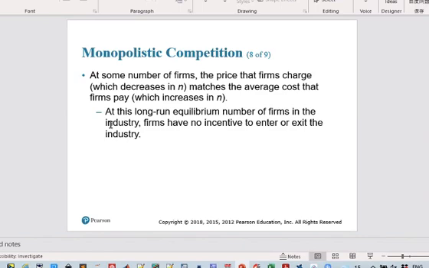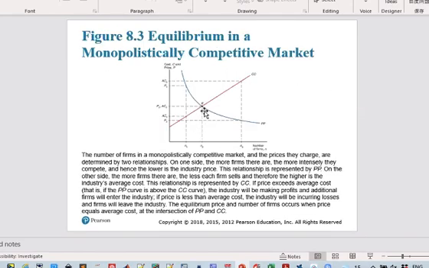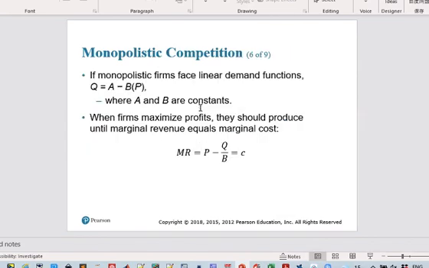And at some number of firms, the price that the firm charges matches the average cost that the firm pays, which is indicated by the point here, E. So the price the firm charges equals the cost that the firm pays for production.